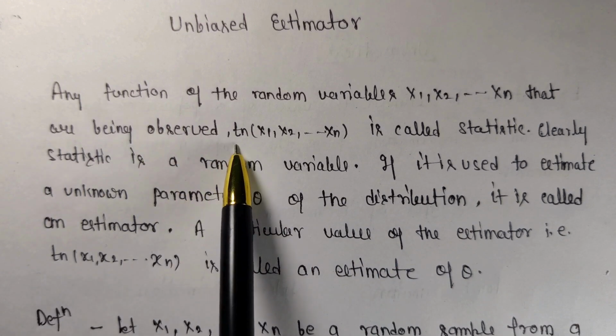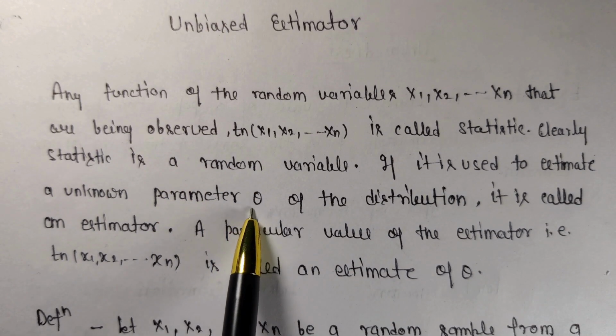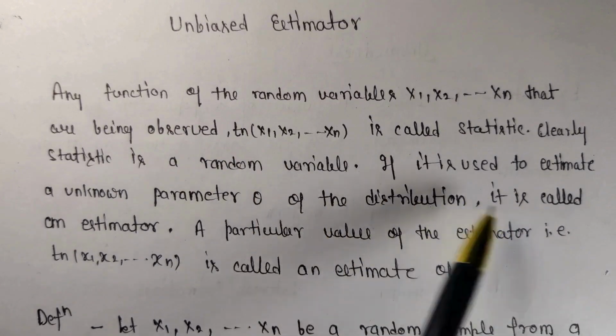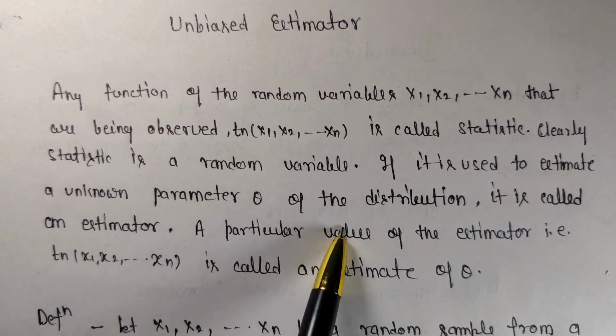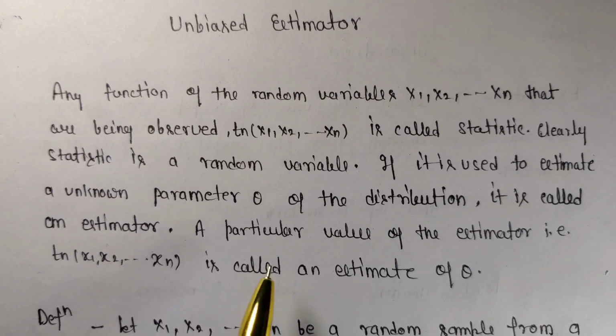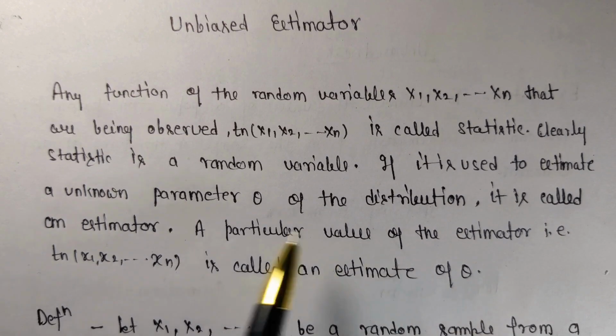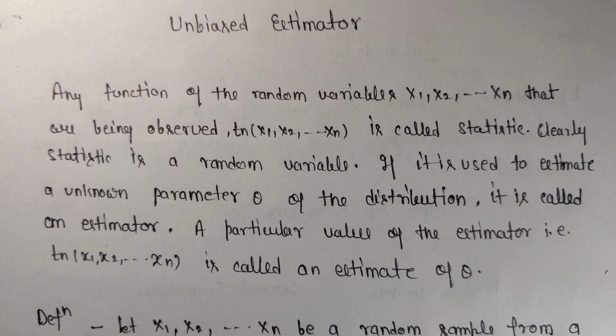That means we have a statistic, and if we are using this statistic for estimating any population parameter, then it is called an estimator, and a particular value of the estimator for any given set of observations is called an estimate of theta. So this is the basic concept of estimator, statistic and estimate.